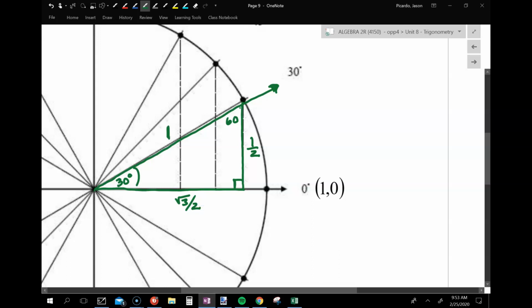Okay. Now, if I asked you guys to label that point right there, I've given you lengths of things, haven't I? So to get to this point, what do I need to do? From the origin, I need to move left or right. Need to move to the right. How far do I have to go?